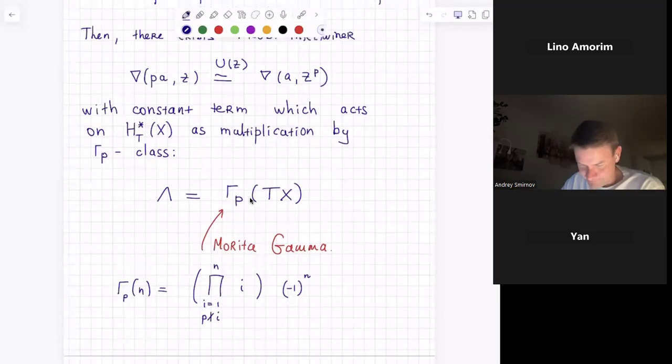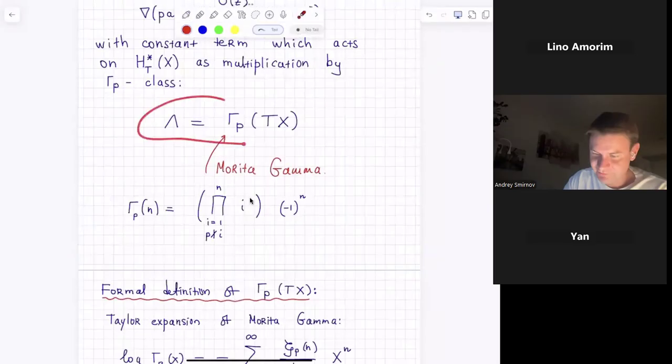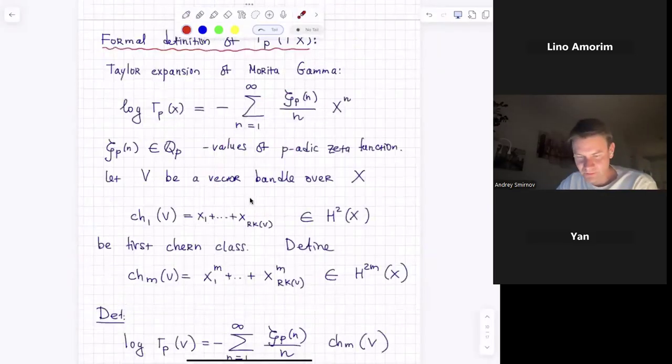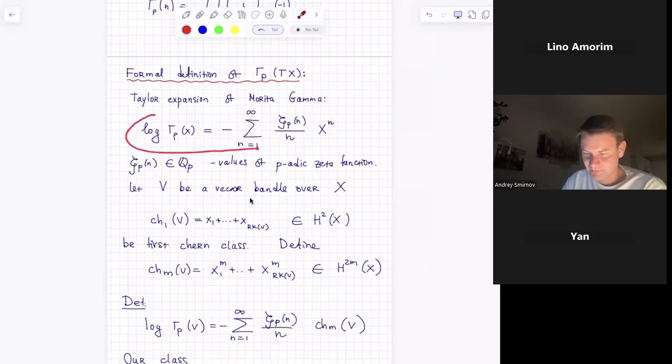All right. So how is this cohomology class defined? Well, again, from p-adic calculus, we know that the Morita gamma function comes with the following Taylor series expansion.